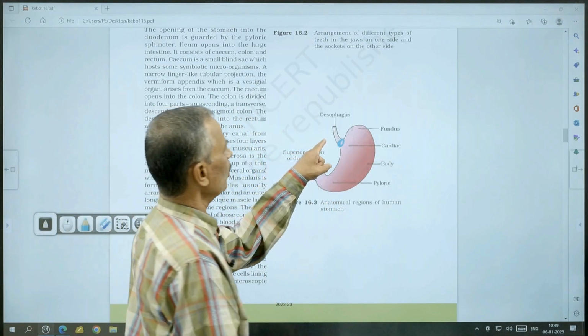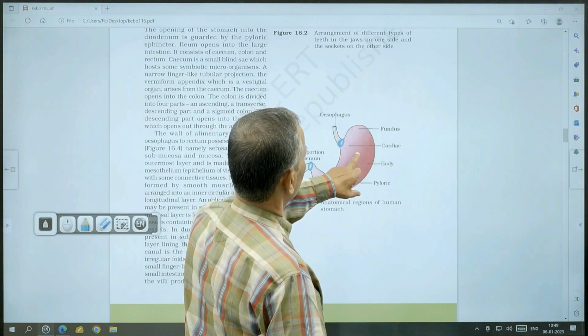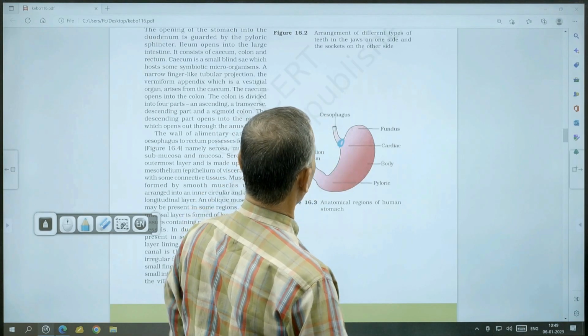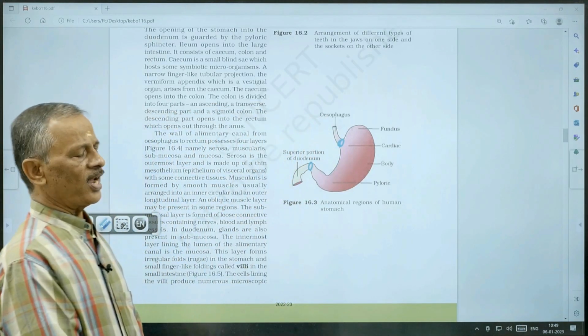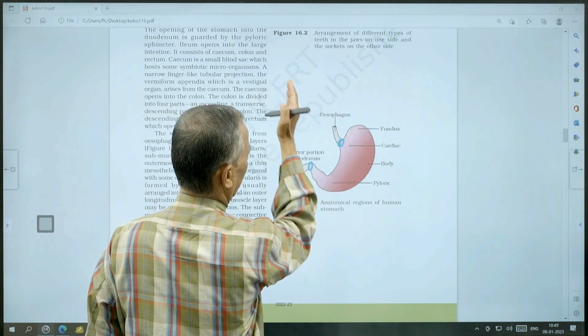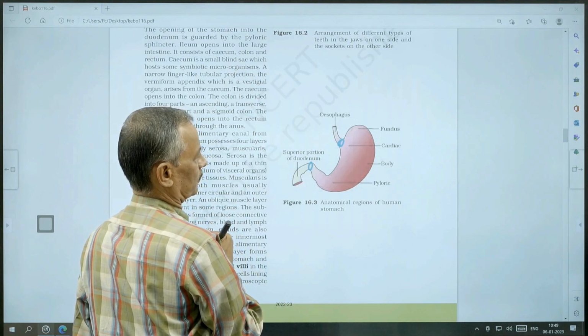At the point of opening of the esophagus to the stomach, you are having a gastroesophageal sphincter. This gastroesophageal sphincter prevents the backflow of food from stomach to the buccal cavity.